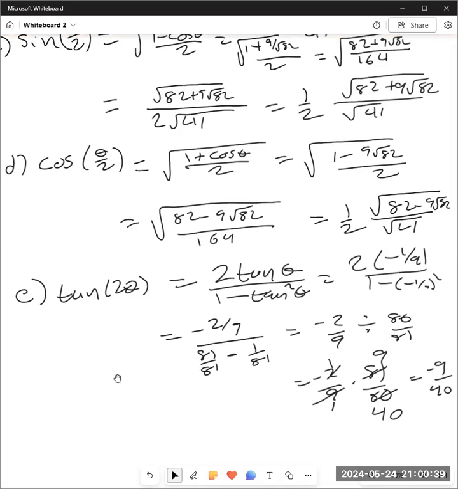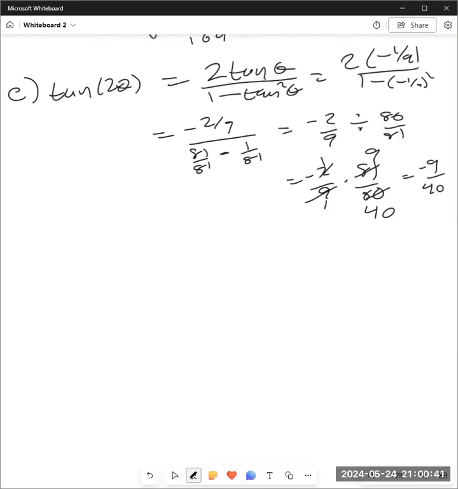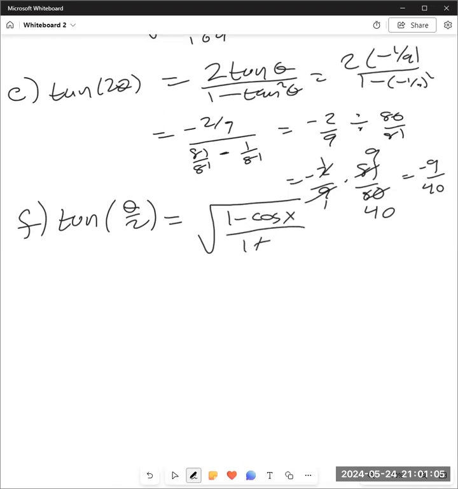And one more here. F is tan of theta over 2, which they're going to use the definition that is square root of 1 minus cosine of x over 1 plus cosine of x.